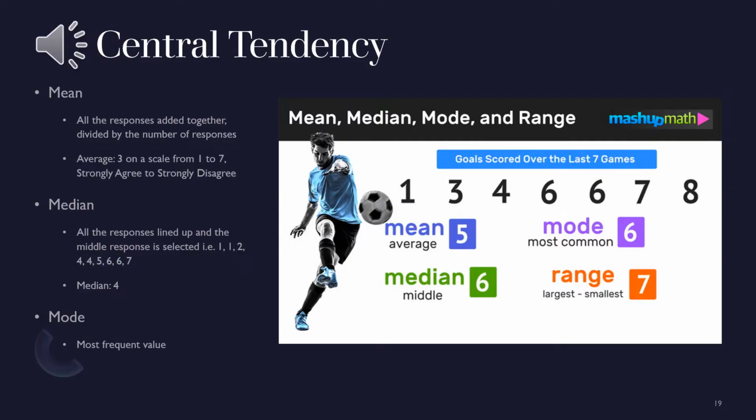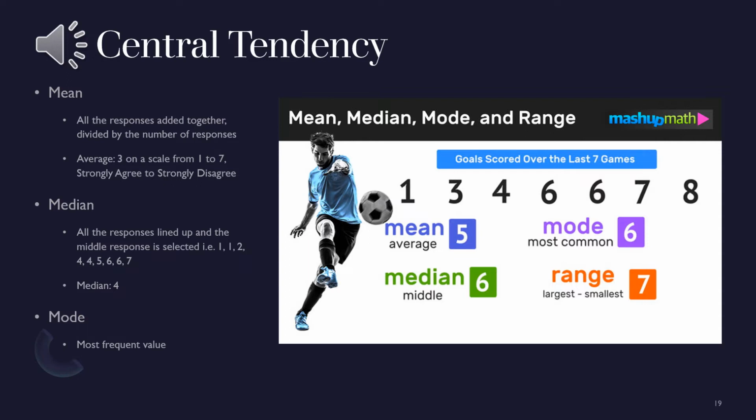With some questions, such as a Likert scale from strongly agree to strongly disagree, you can measure the mean, that is, all the responses added together divided by the total number of responses. So for example, you might find that the average response is 3 on a scale from 1 to 7, strongly agree to strongly disagree.